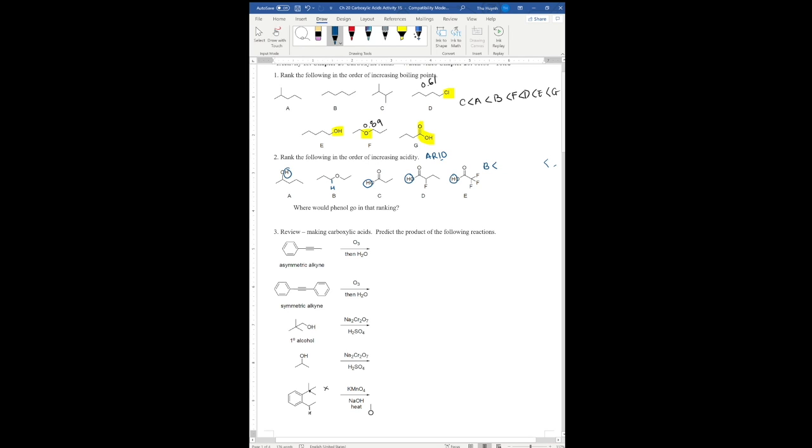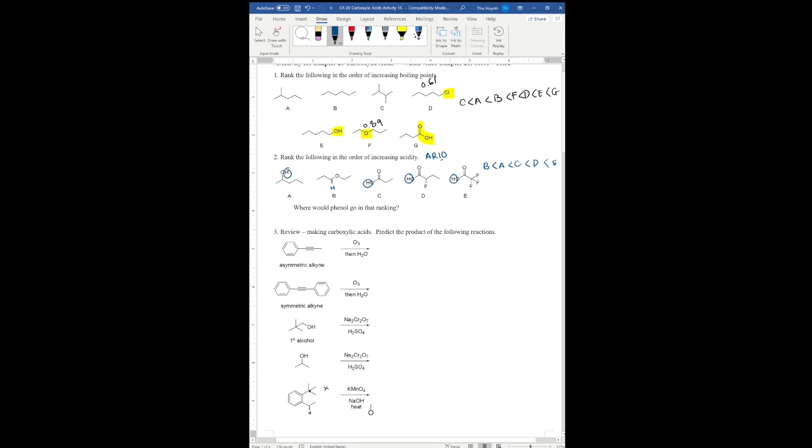Now let's look at A and C. We can see the negative charge on oxygen. However, because C has a carbonyl group right next to the OH group, we can conclude that the resonance for C would be better, so C would have a higher acidity when compared to A. So this should be your answer.